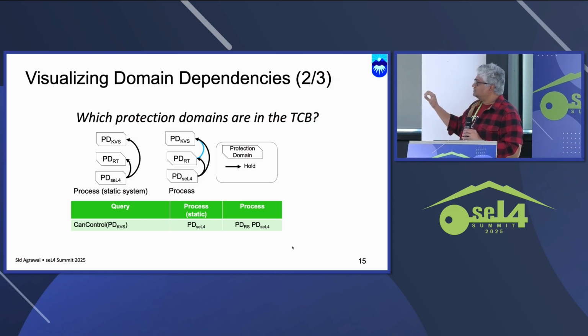So the difference between those two scenarios will show up as the difference in the result of the query. The can control query will show that for KVS, the key value store, in the static system, only the seL4 kernel can impact it. But on the dynamic system, both the root task and the seL4 kernel can impact it.